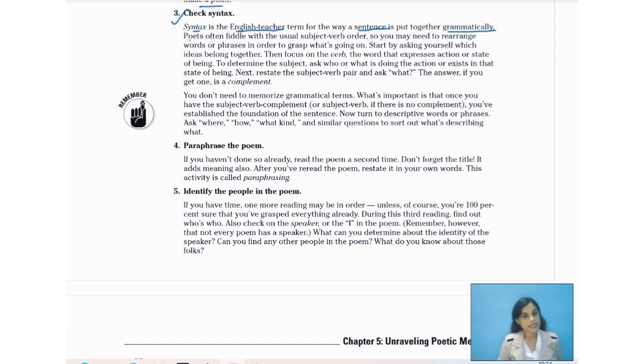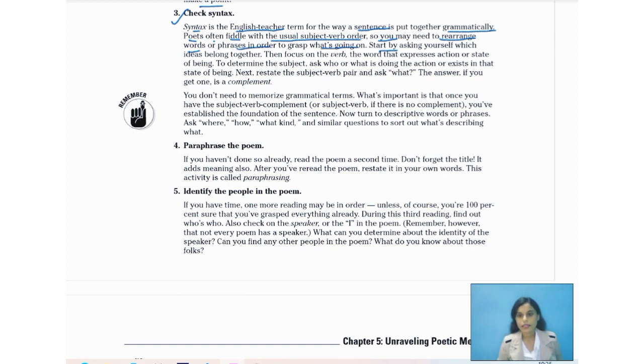That is known as syntax. Now, poets often fiddle with the usual subject-verb order. Just like the way you have done subject-verb agreement, here poets normally violate that also. So poets play with the subject-verb order.